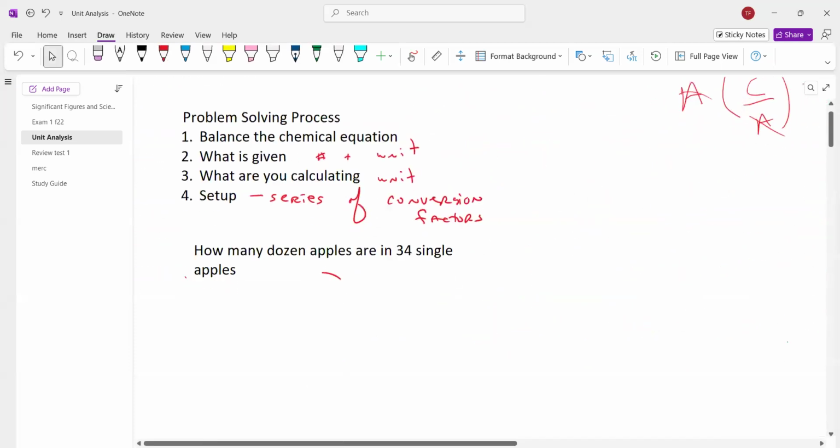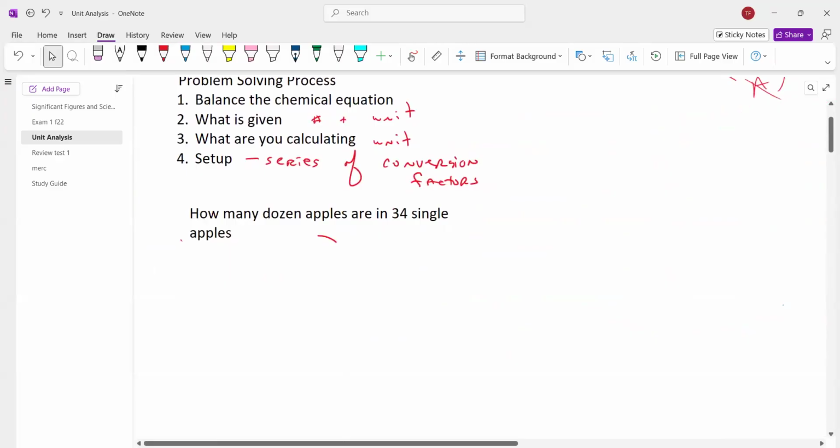Okay, so let's take a really hard problem. I know some of you in here have already had calculus, so this comes in really handy for you. How many dozen apples are in 34 single apples? Now, all of you go, oh, you just divide by 12. But what if you didn't know that?